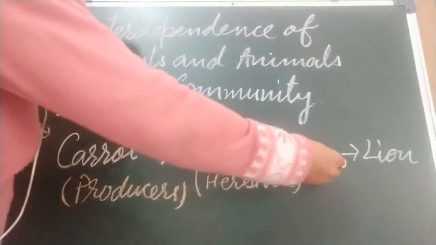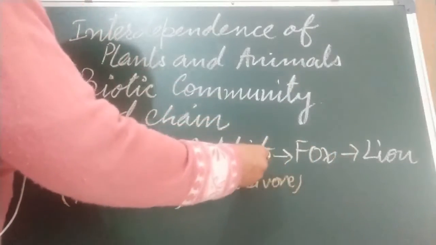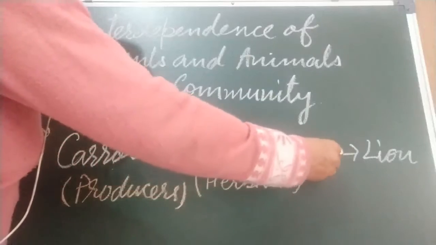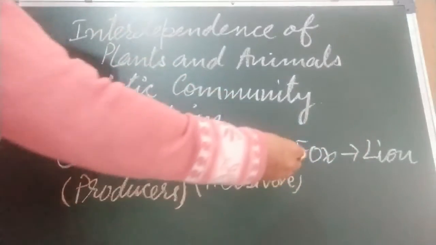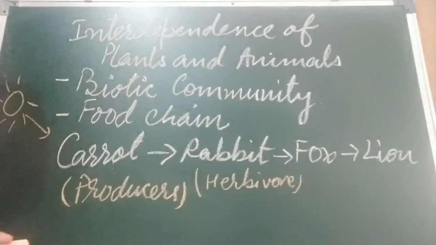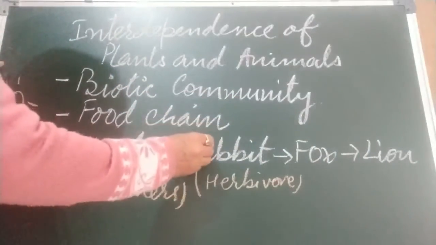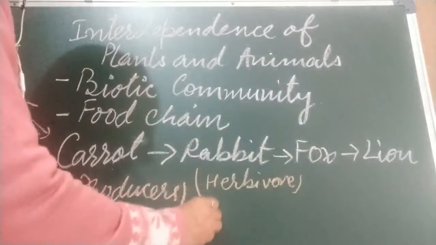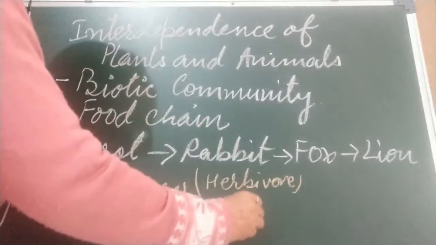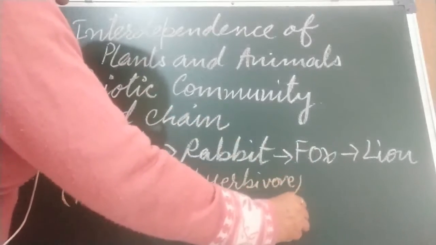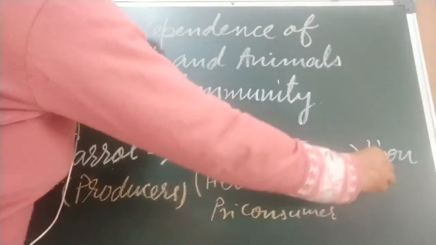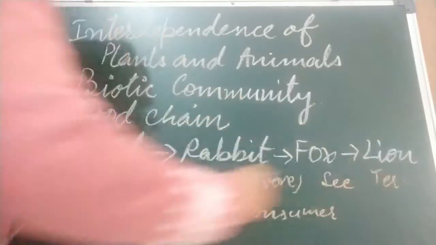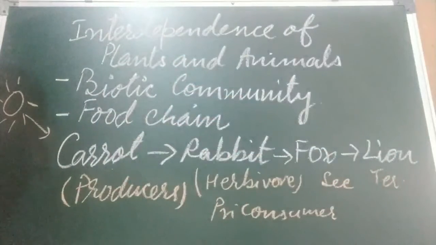The fox is eaten by a lion. Lion is a carnivore, the tertiary consumer, we will call. Primary, secondary and tertiary consumer.